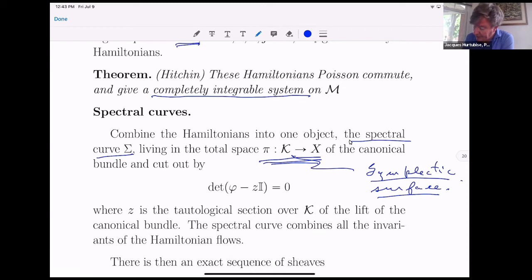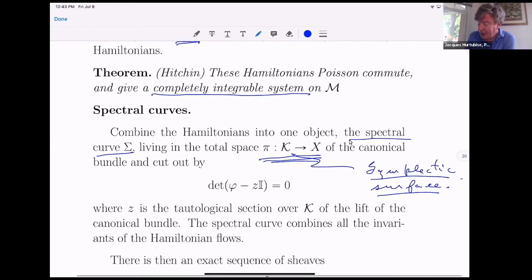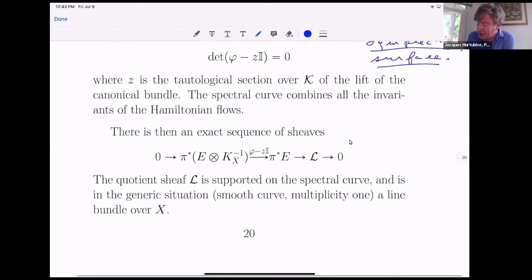Well, of course, basically it's the cotangent bundle of X. As I said, it has a tautological section of the lift of the canonical bundle to itself. And so the spectral curve combines all the Hamiltonian flows. And then you can do the following, which is just take the co-kernel of phi.